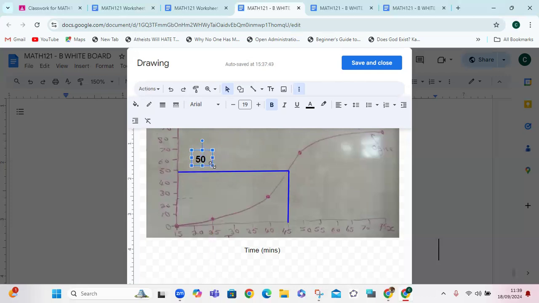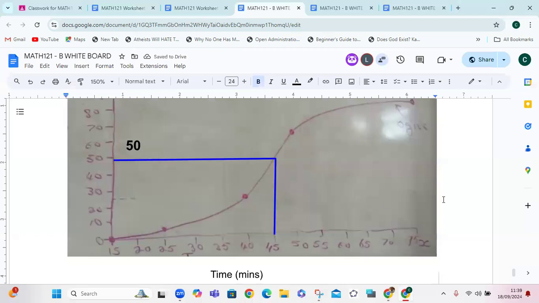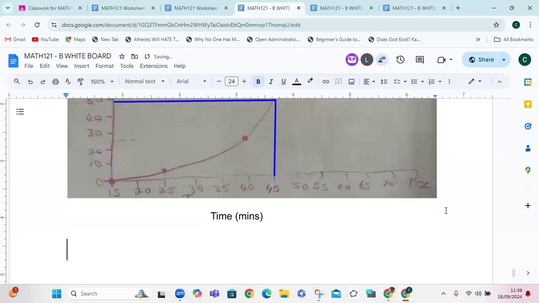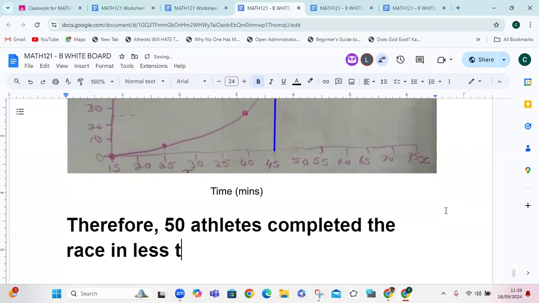That's what this 50 is communicating. So we can say, therefore, 50 athletes completed the race in less than 45 minutes.